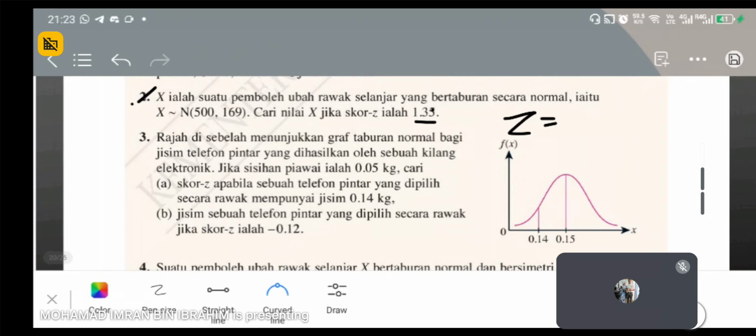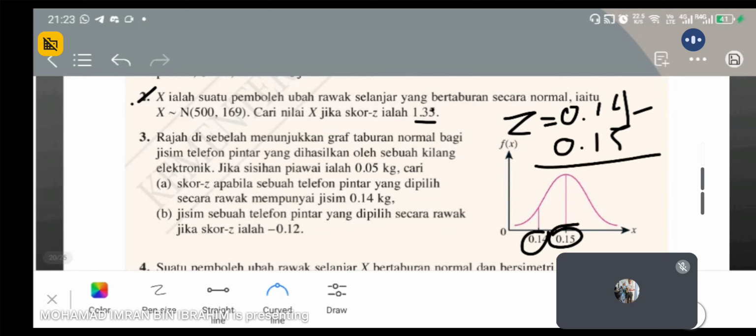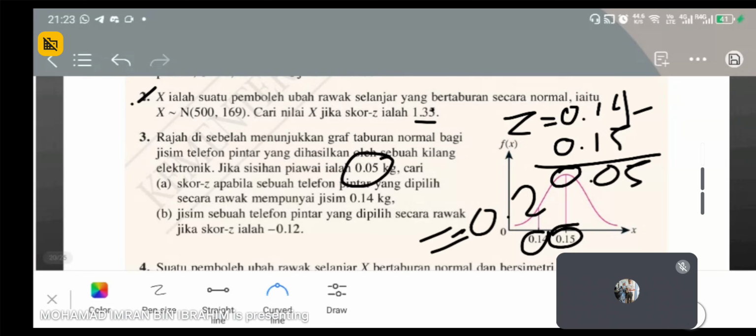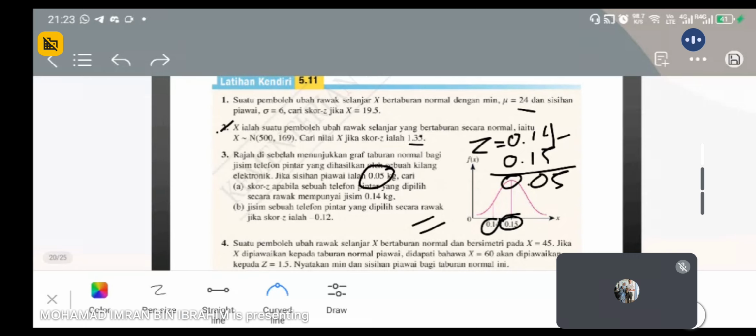Yeah, okay. So 0.14 we minus with 0.115, which is right here, and then we divide it by the sisihan piawai 0.05, and then we will get the answer 0.5. Don't forget the negative. I think it's correct. Okay, alright. Hopefully you guys also get the same.